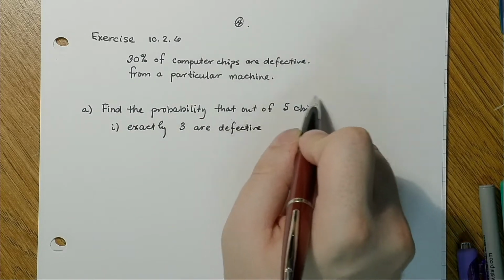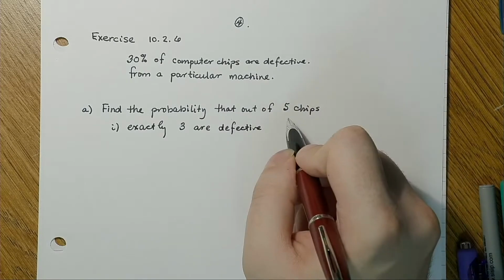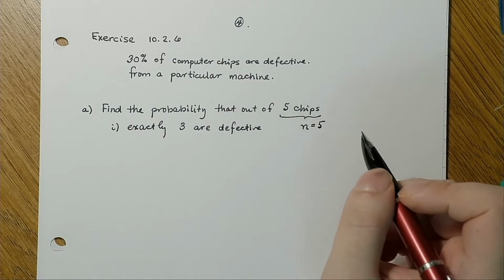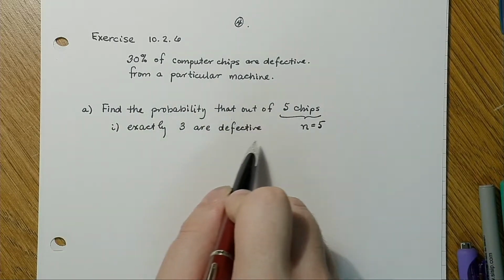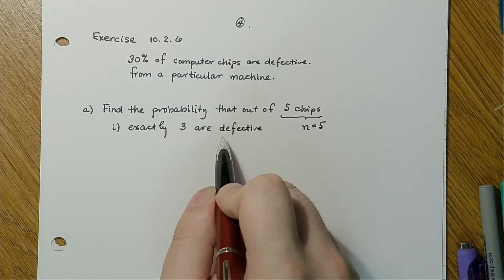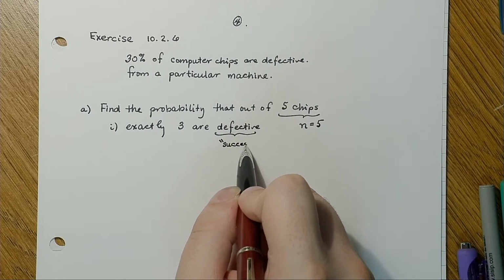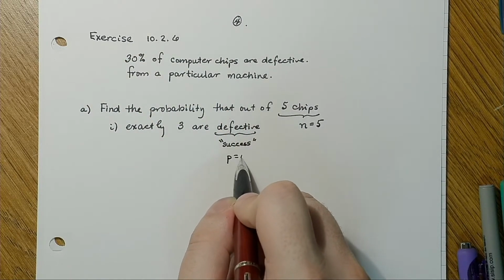So here we have 5 chips. This is the number of trials, that's our n, so n equals 5. Defective is what we'll consider our success. And we know that the probability of that is 0.3.